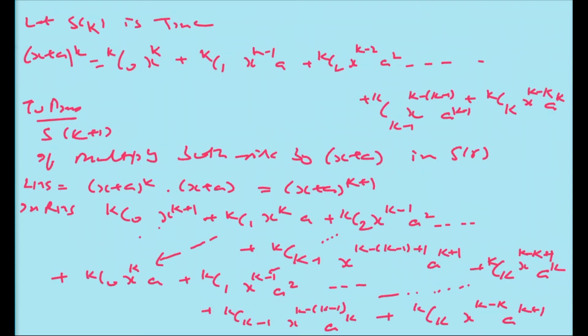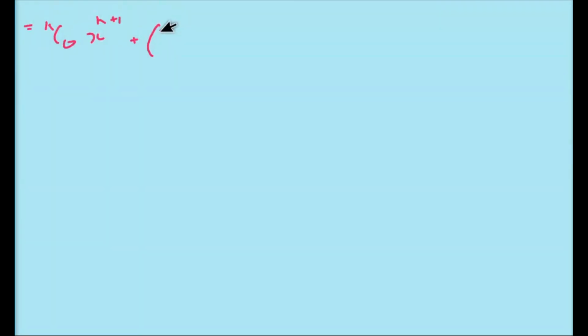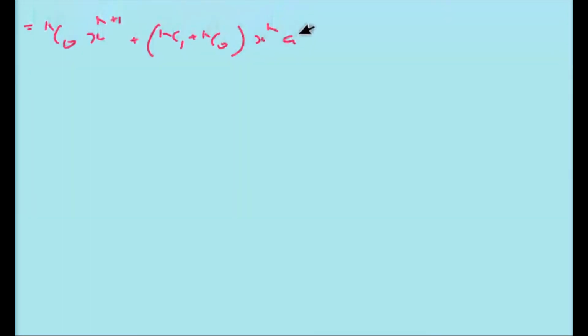Now we can write kC0 x to the power k plus 1, plus in brackets (kC1 plus kC0) x to the power k a, and similarly, next, (kC2 plus kC1) x to the power k minus 1 a square and so on.